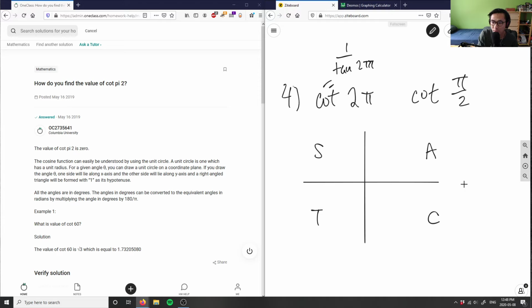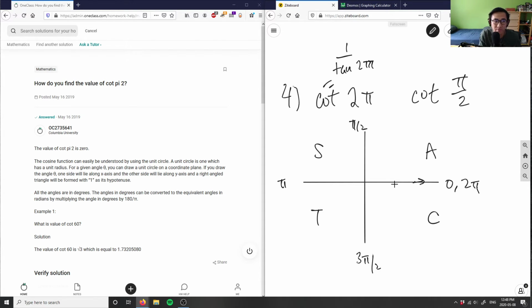And we know that 0 and 2 pi are here, this is pi over 2, this is pi, and this is 3 pi over 2, right? So tangent of 2 pi belongs here, and it would be 0.